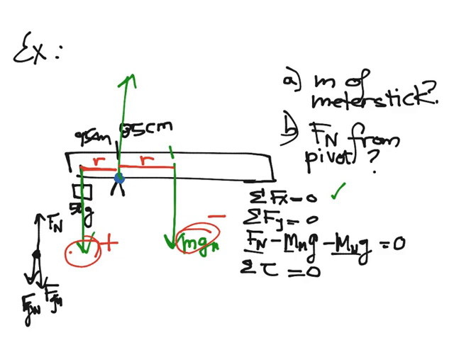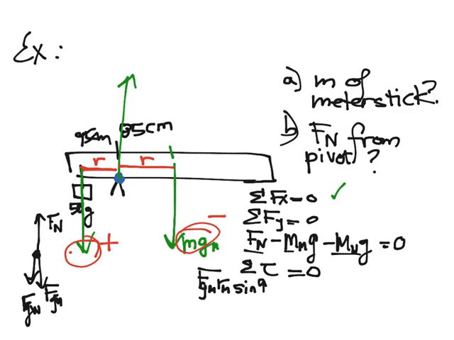Okay, so we have F from, I'm going to call it Fg meter stick, R meter stick, and it's sine 90, so I know sine 90 is 1.